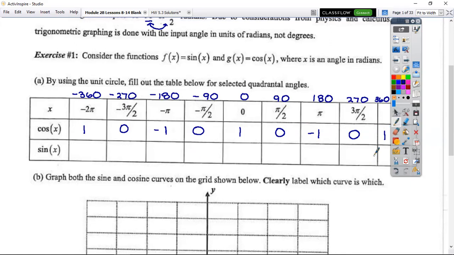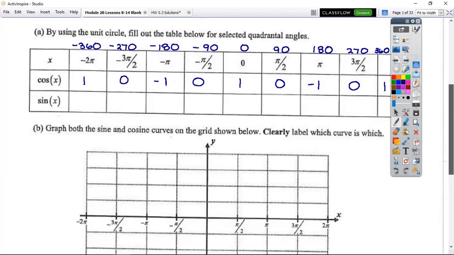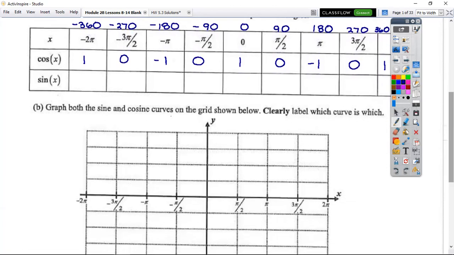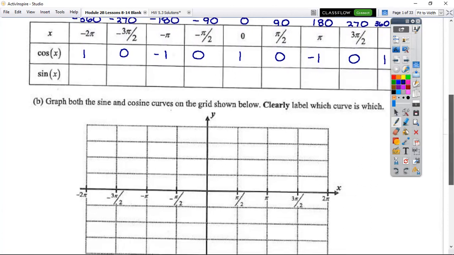Trig functions are what we call periodic, meaning they're going to be symmetric and they're going to follow the same pattern. Now, using your first colored pencil, I want you to come down to this graph and let's plot this. So what was the highest value that this cosine graph hit? 1 and the lowest is negative 1. Okay, so let's space this out so our graph looks nice.